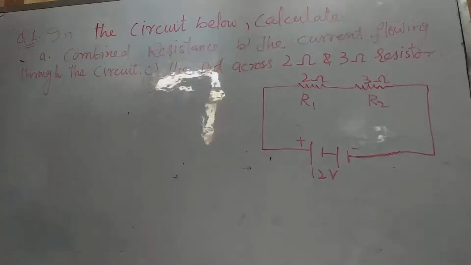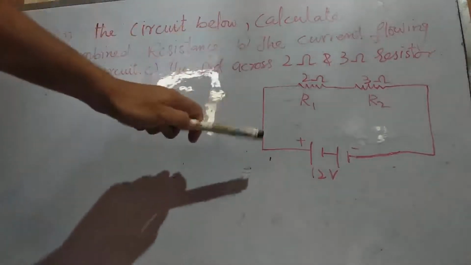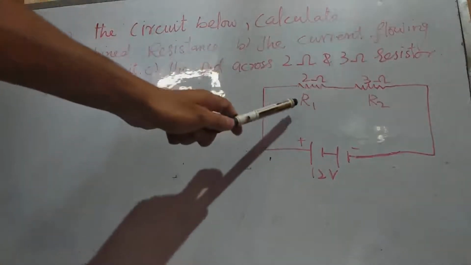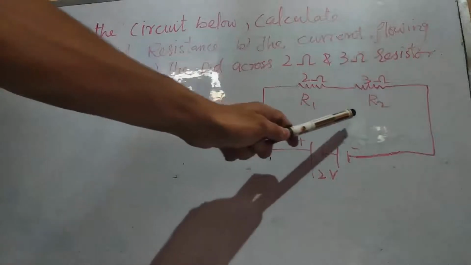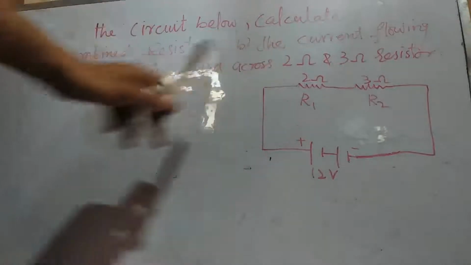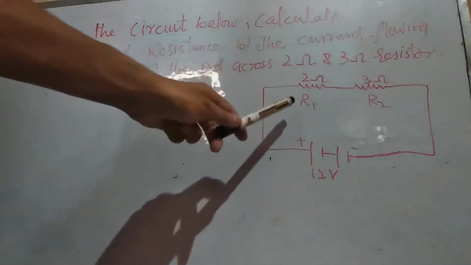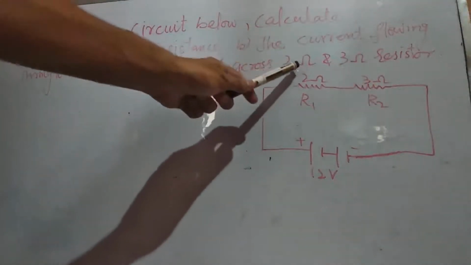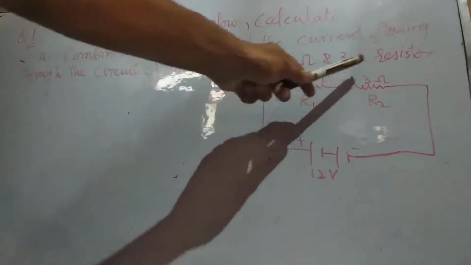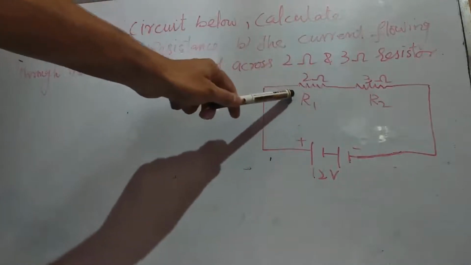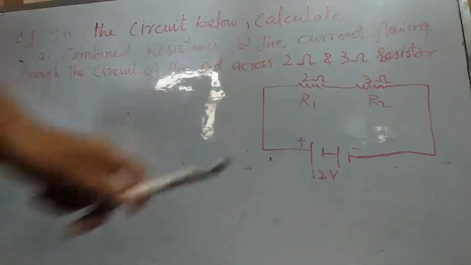The first numerical, which is written on the board, is: in the circuit below, this is the circuit, calculate the combined resistance flowing through the circuit, the current flowing through the circuit, and third, the potential difference across the 2 ohm resistor and the 3 ohm resistor.